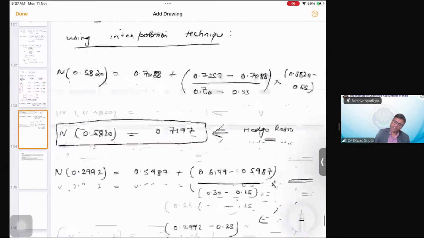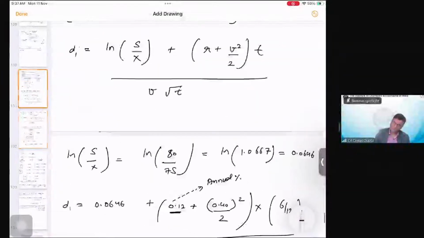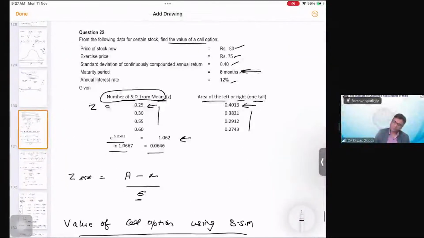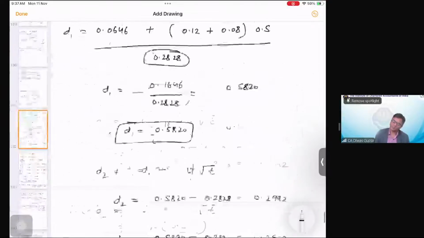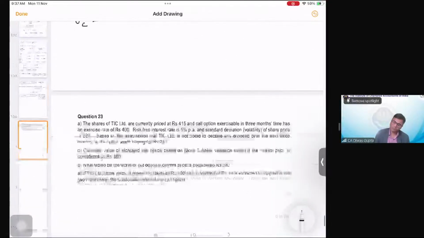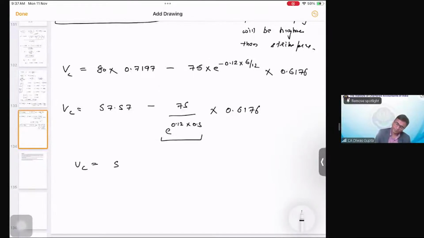If we see this, where is the e raised to the power 1.062, multiplied by 0.6176. Clear?